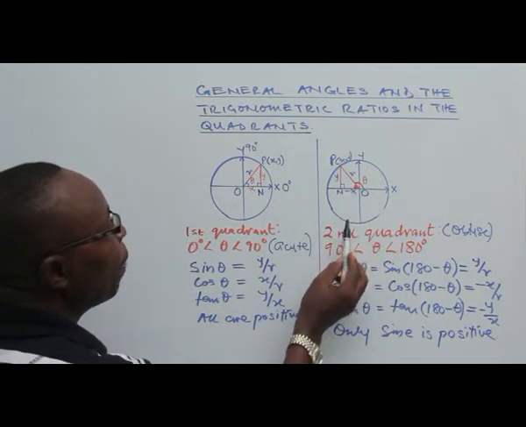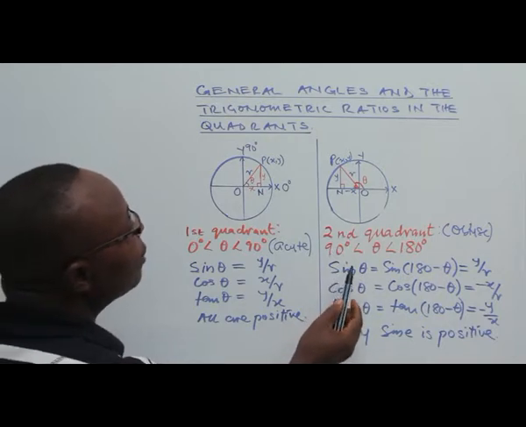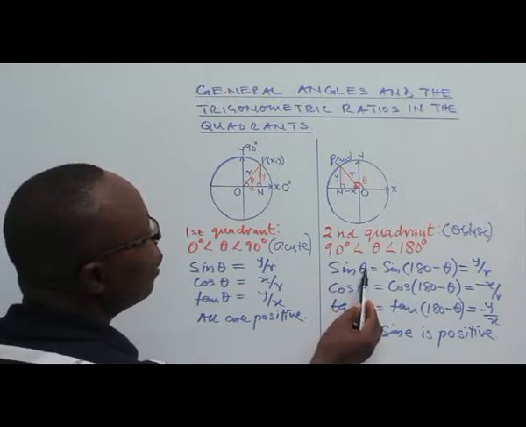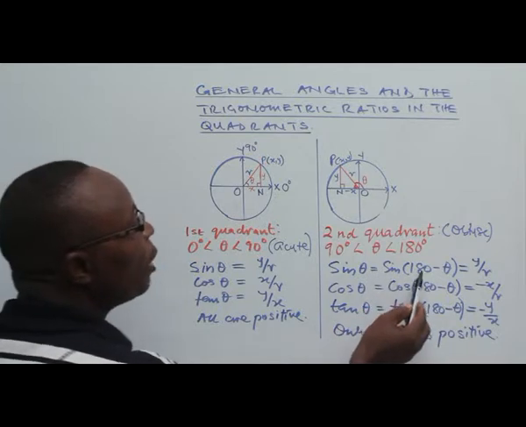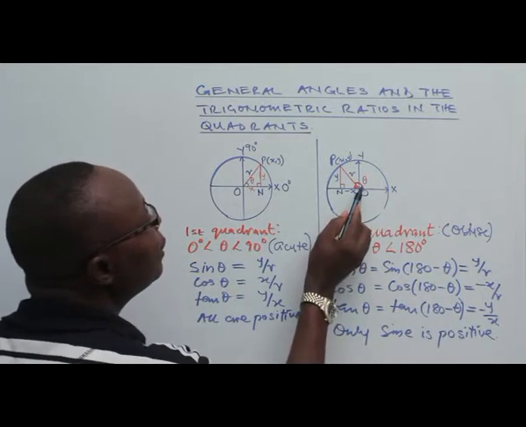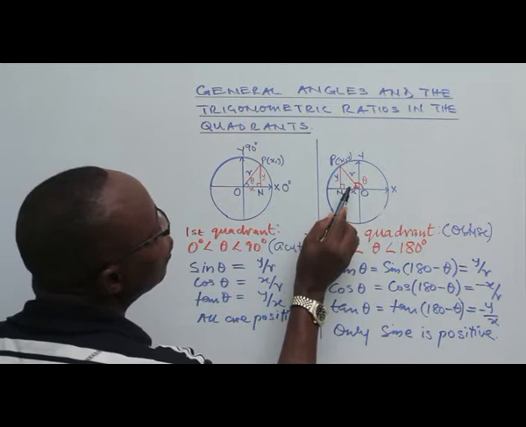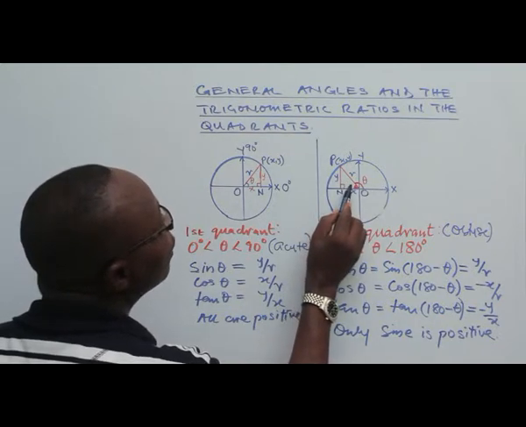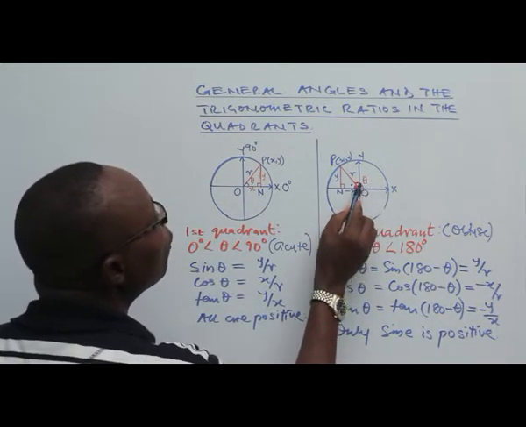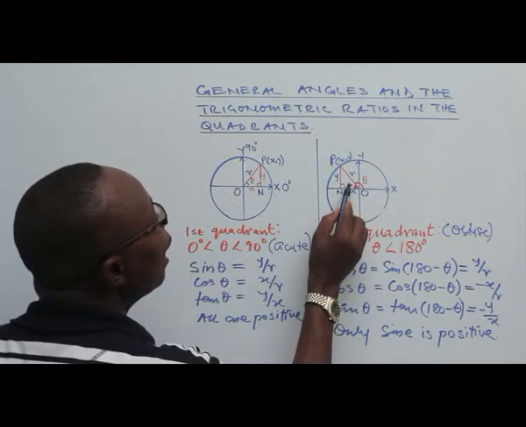In this case, our ratio sin theta will be equal to sin of 180 minus theta. Why? This is the angle theta. We are now looking at this angle here, which means moving from here to here is 180 and going back.